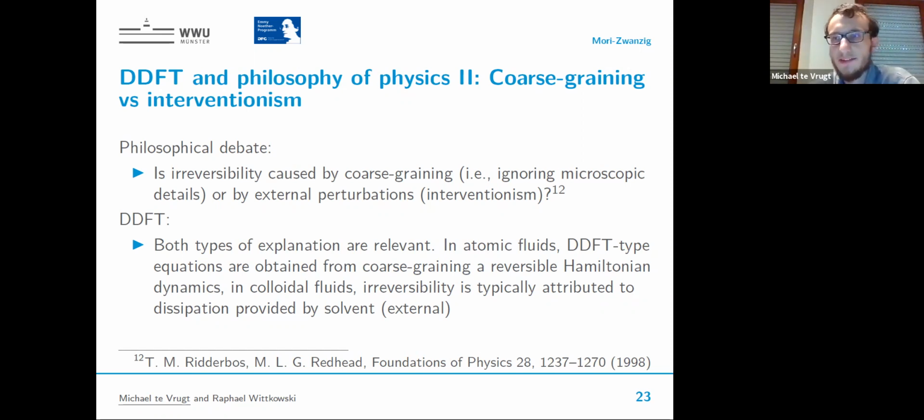Whereas if you apply DDFT to colloidal fluids, where you consider only the colloids and not explicitly the fluid they're immersed in, then you're starting from the Langevin equations or from the Smoluchowski equation, which is already irreversible. And therefore, at least to a large extent, the fact that the colloidal system obeys irreversible dynamics can be attributed to the dissipation that is provided by the solvent.